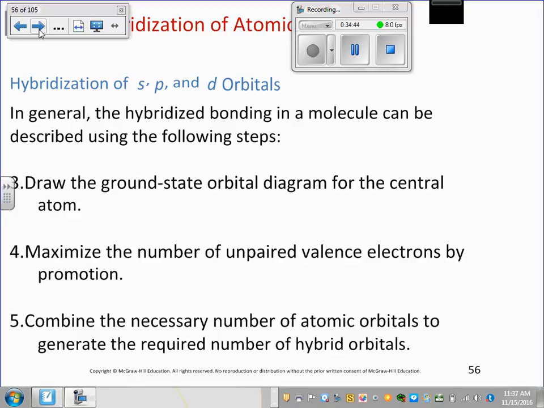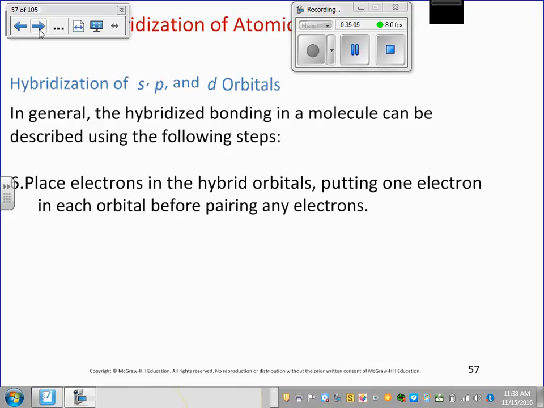So you draw the ground state orbital diagram for the central atom, maximize the number of unpaired valence electrons by promotion, combine the necessary number of atomic orbitals to generate the number of hybrid orbitals, and put one electron in each orbital before pairing. It sounds more complicated than it is.